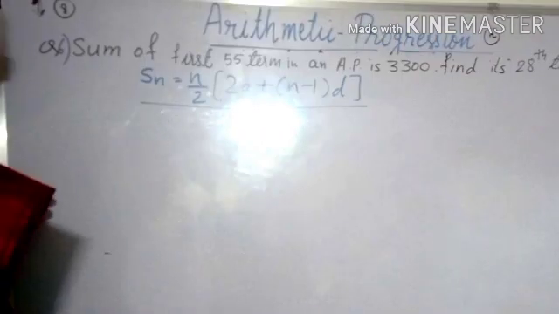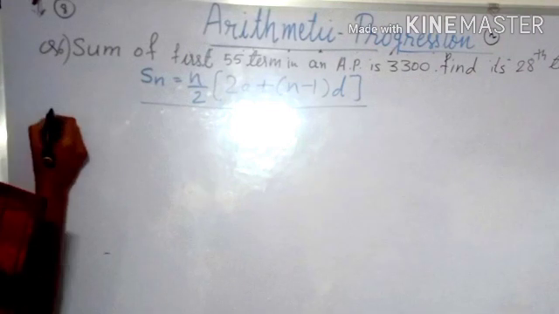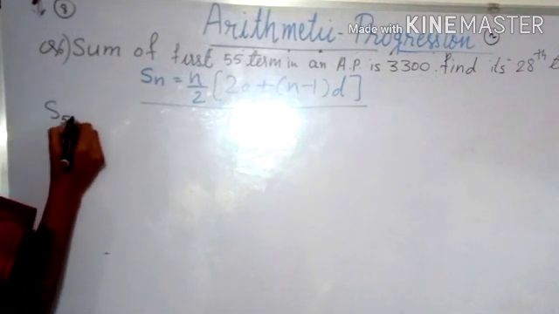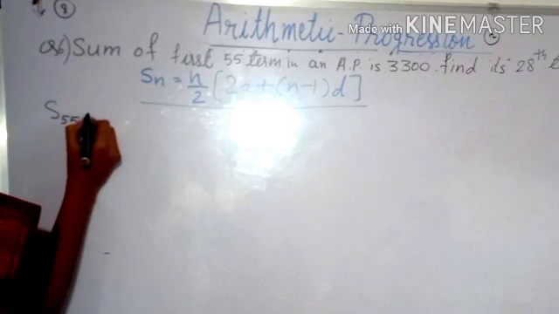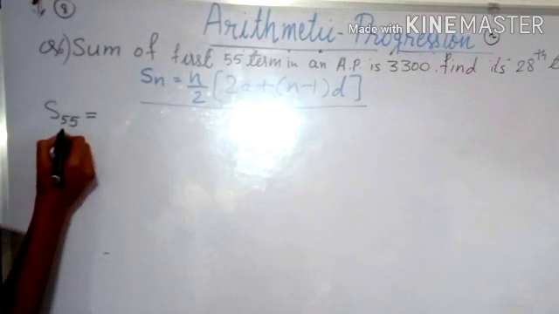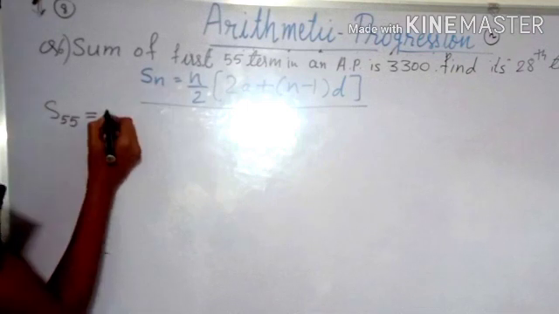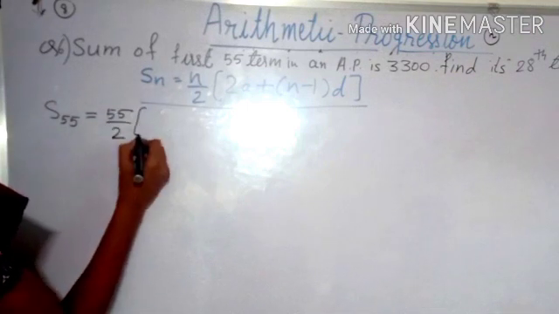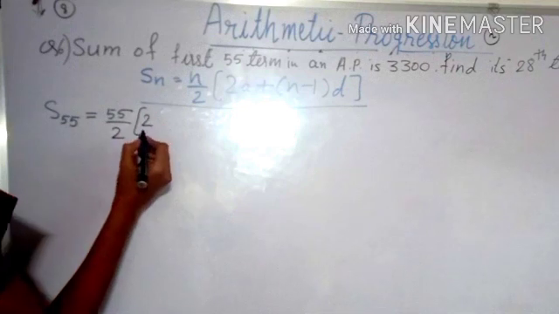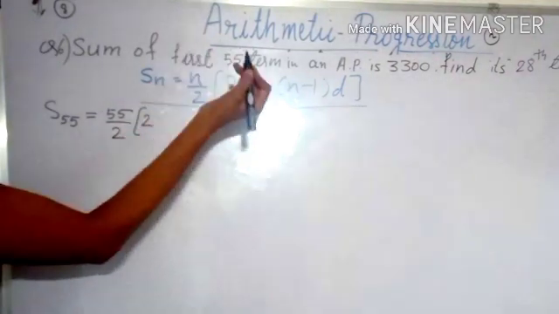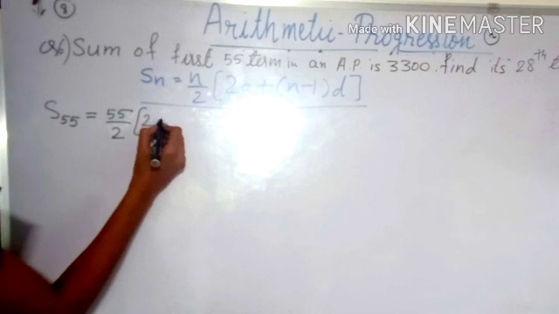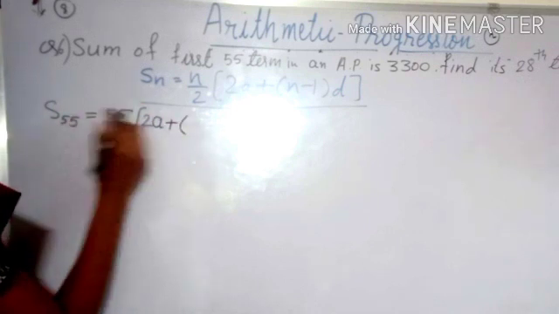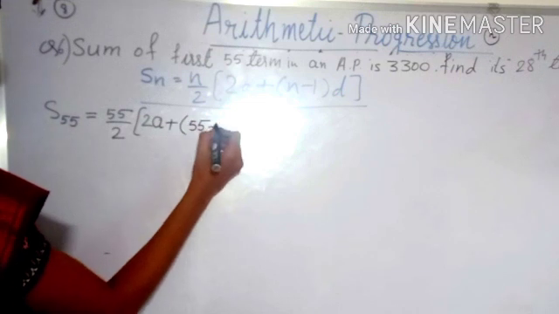First of all, what is given here? S55 is equal to, as per the formula, 55 divided by 2 in a bracket 2a. Do we know a? No, we don't know a, so write it as a only. n is what? 55 minus 1.